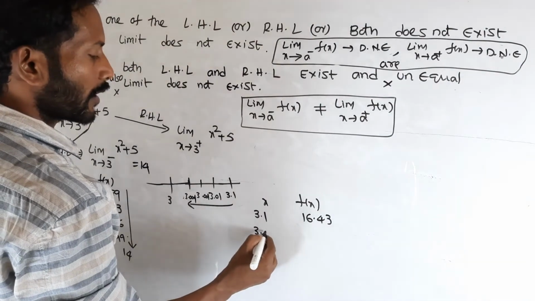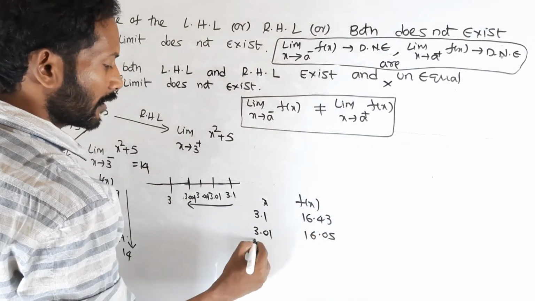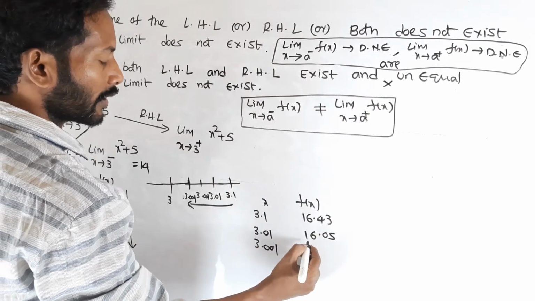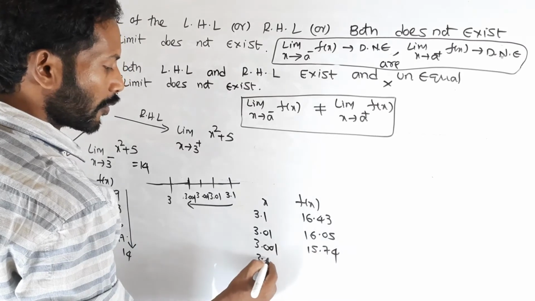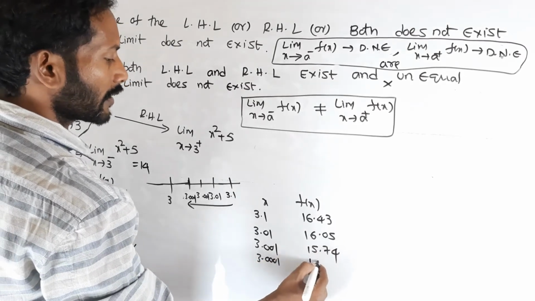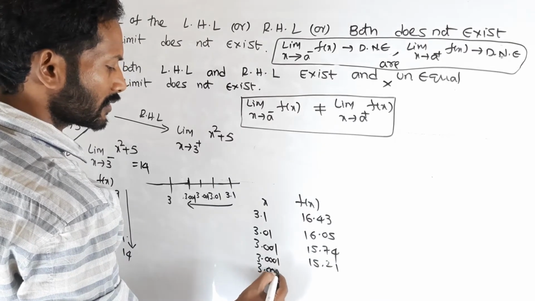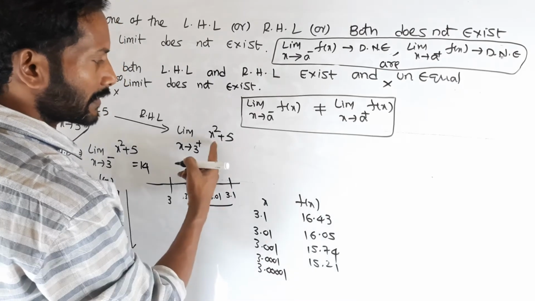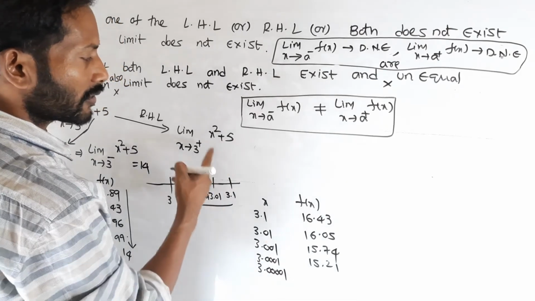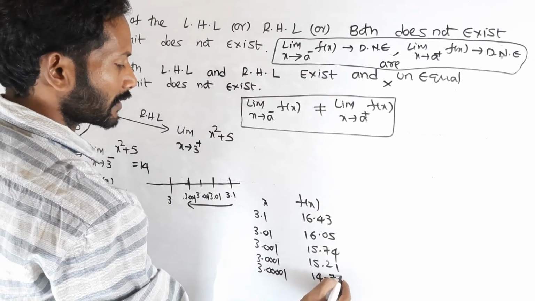For 3.01, it is 16.05; for 3.001, 15.74, then 15.21. For 3.0001, whole square plus 5, it is 14.74.